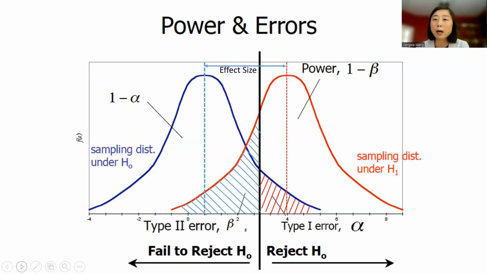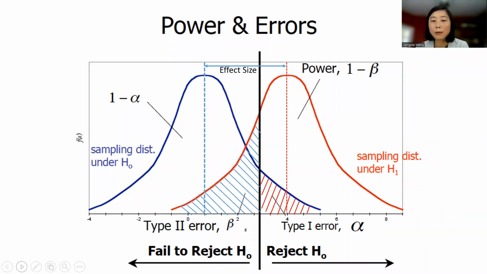reject the null hypothesis that there's no treatment effect, when actually there's no treatment effect. And then there's a type 2 error, which is beta, the blue shaded area under the red distribution curve.